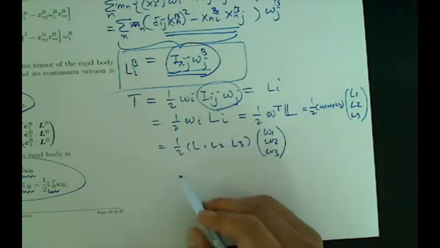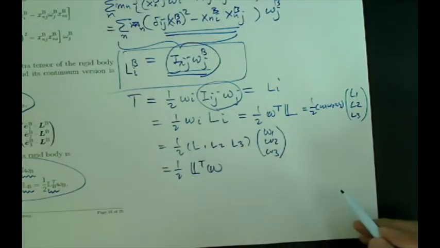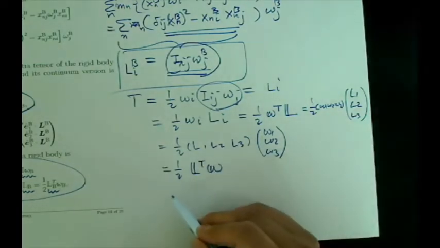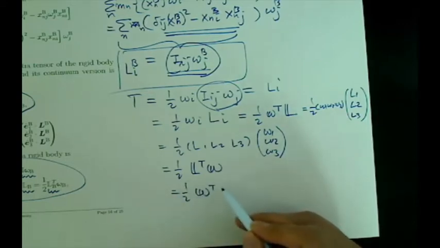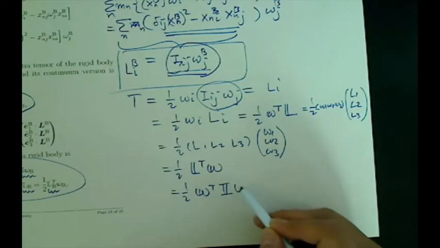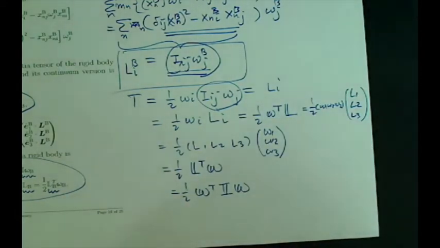Right? That is 1/2 L transpose omega, or 1/2 omega transpose I omega. In any case, everything will be the same.